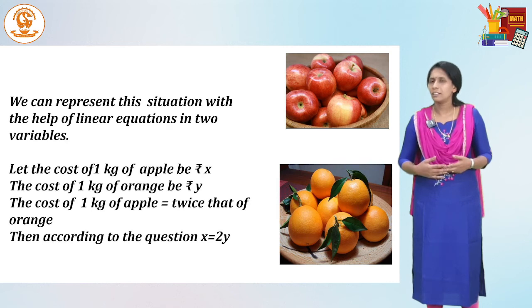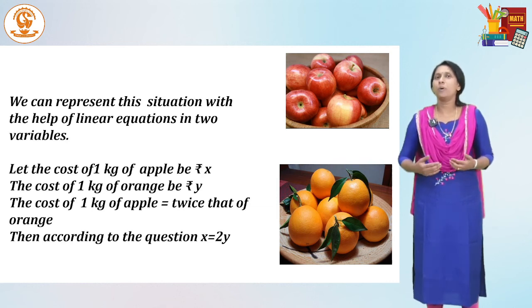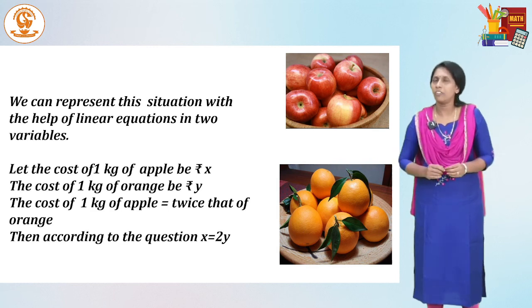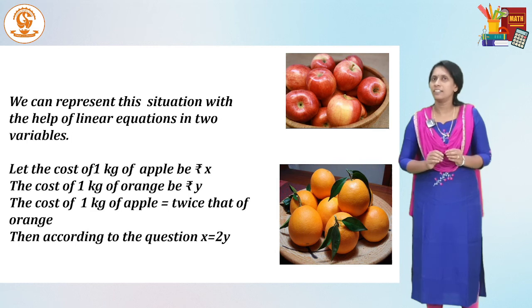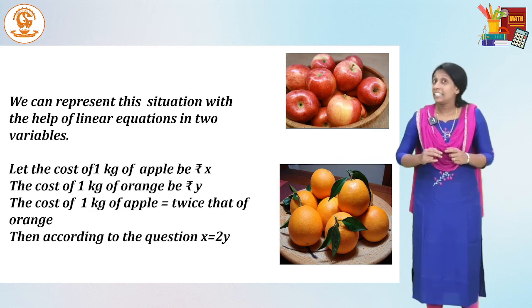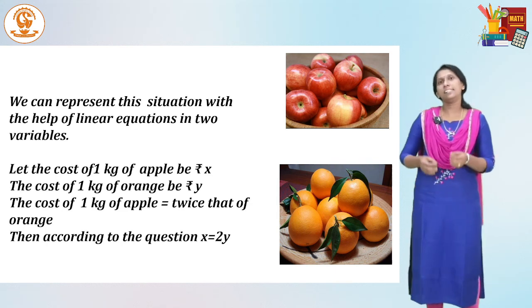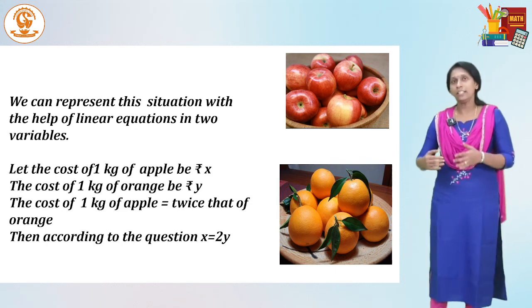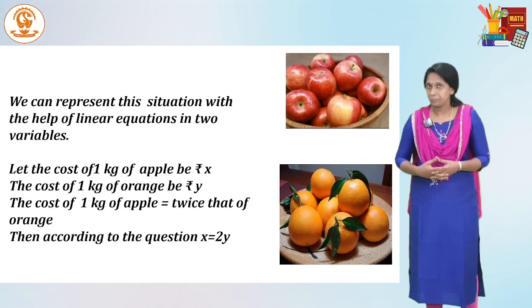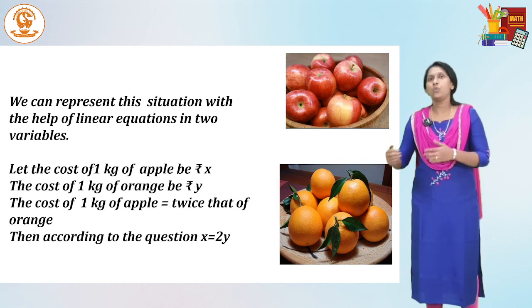And the maximum power is one. What is the highest power? One. The degree of the equation is 1. That's why it is known as a linear equation in two variables, isn't it?